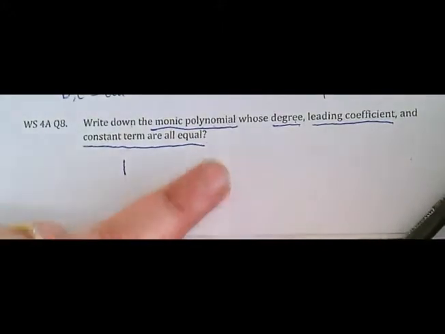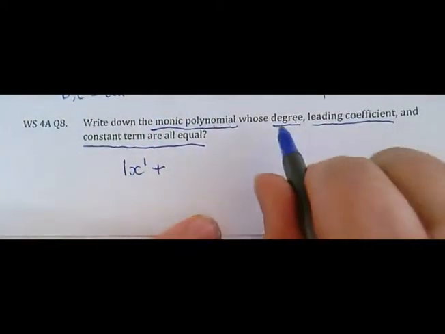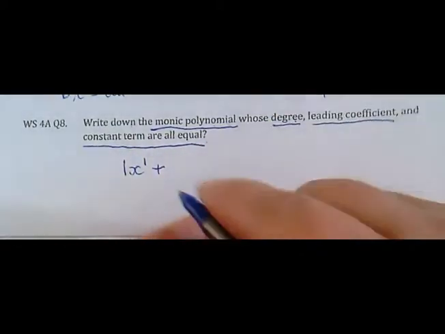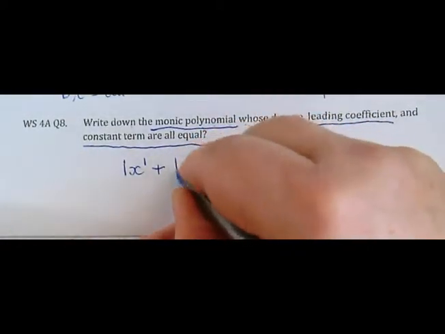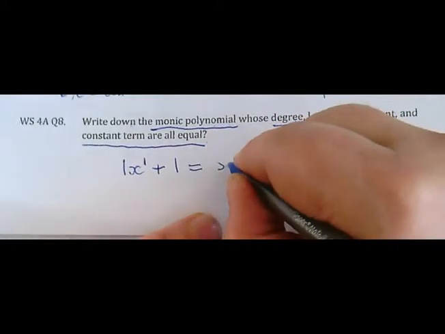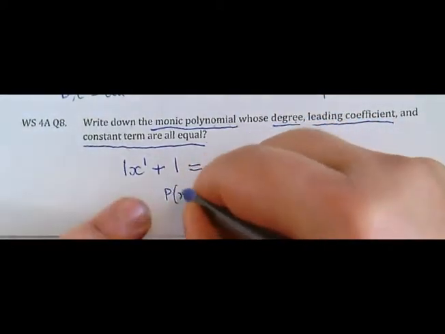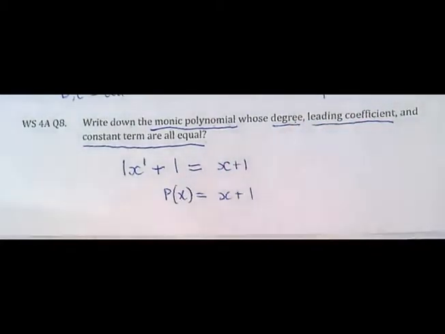Do you agree? So it's 1 x to the power of what? 1, plus. So that's your leading coefficient, 1. The degree is 1. I haven't put the constant term. What's that? 1. So your polynomial in x is x plus 1.